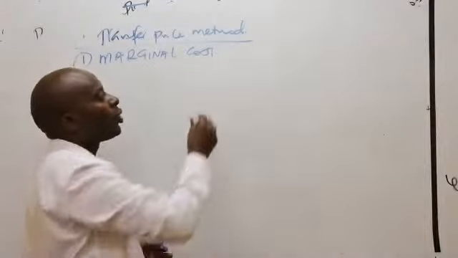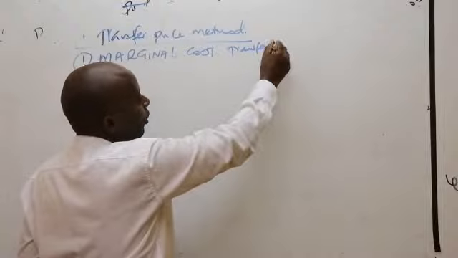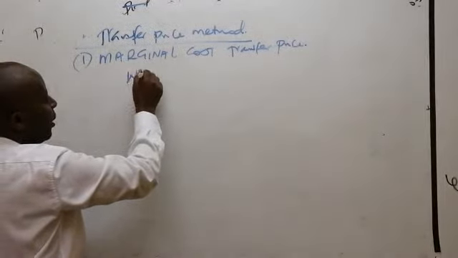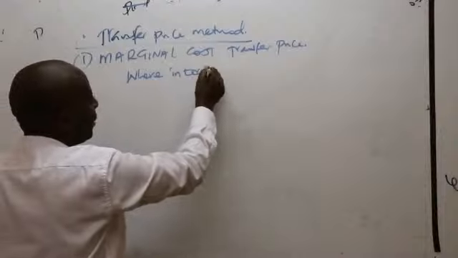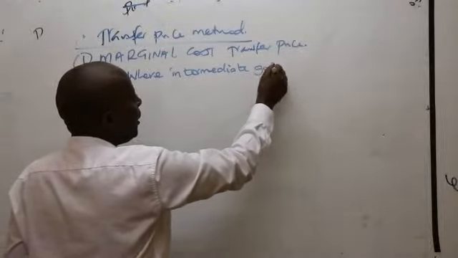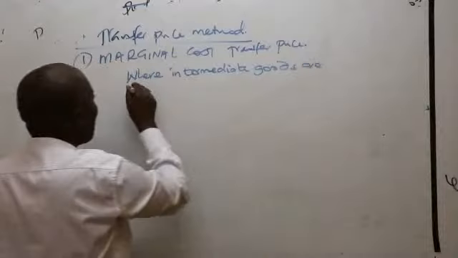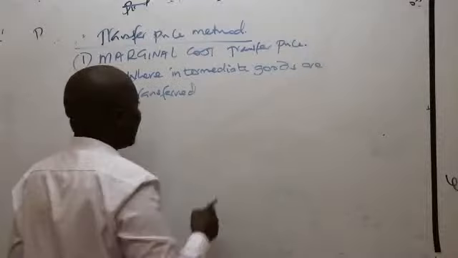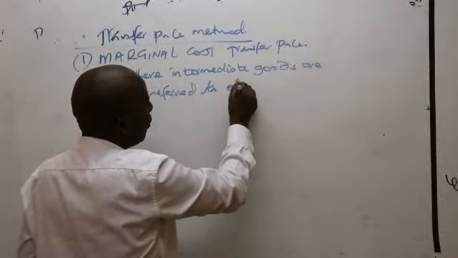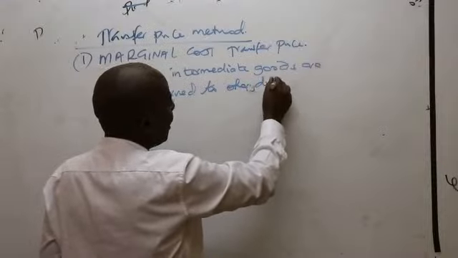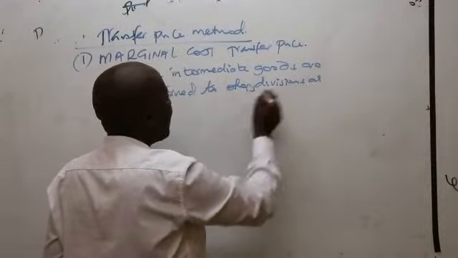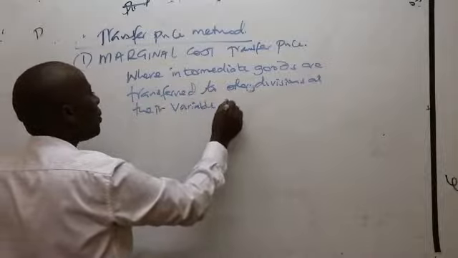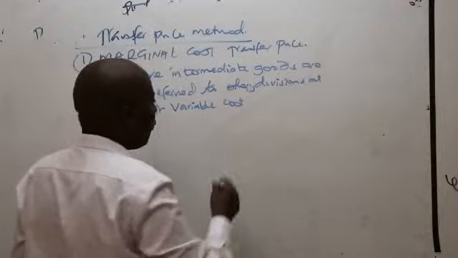Marginal cost transfer price. This is where intermediate goods are transferred to other divisions at their variable cost of production.